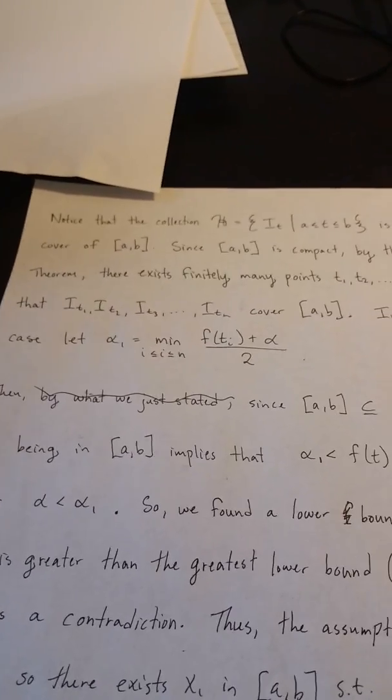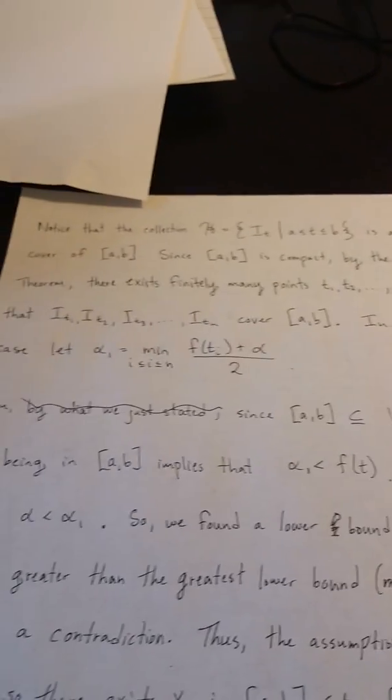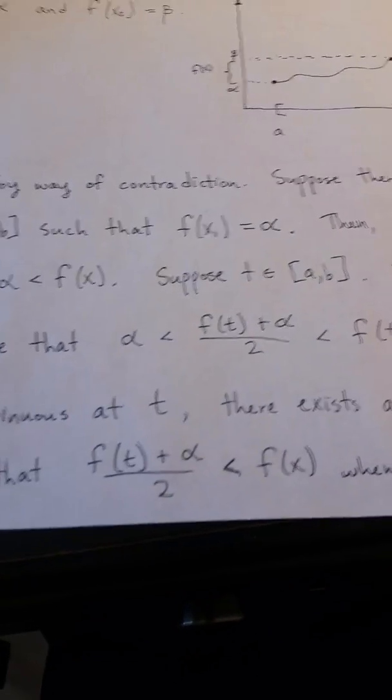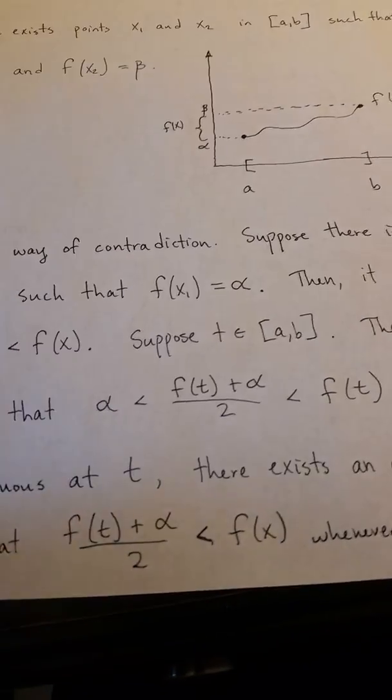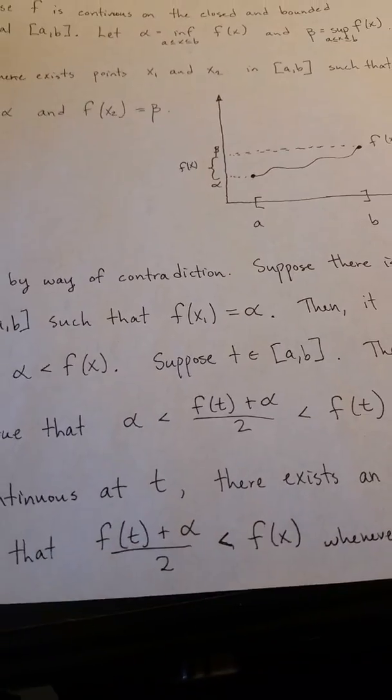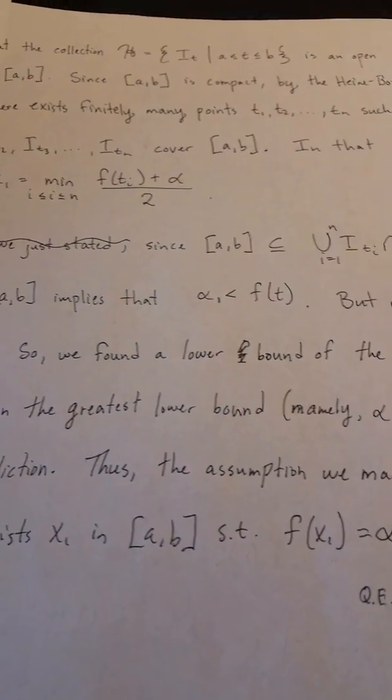If t is in [a, b], then t is in one of those I_t intervals, so f(t) would be greater than (f(t_i) + alpha)/2. And since alpha 1 is the minimum of all those, f(t) has to be greater than alpha 1.